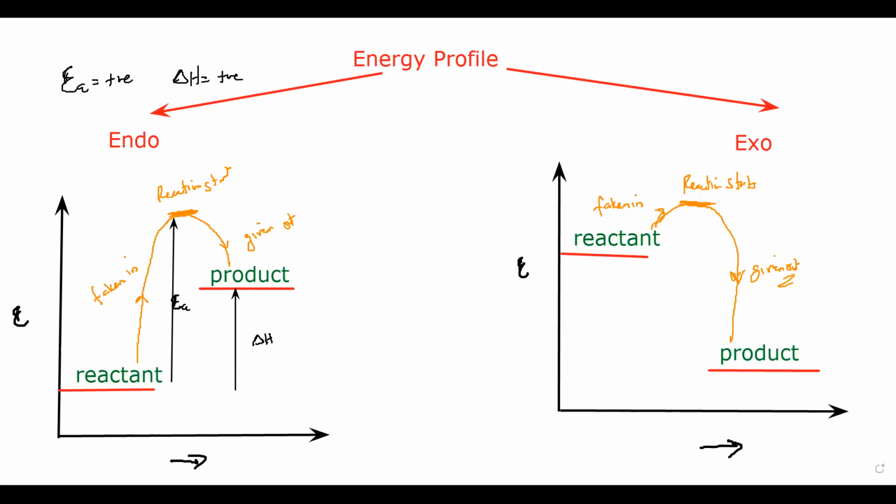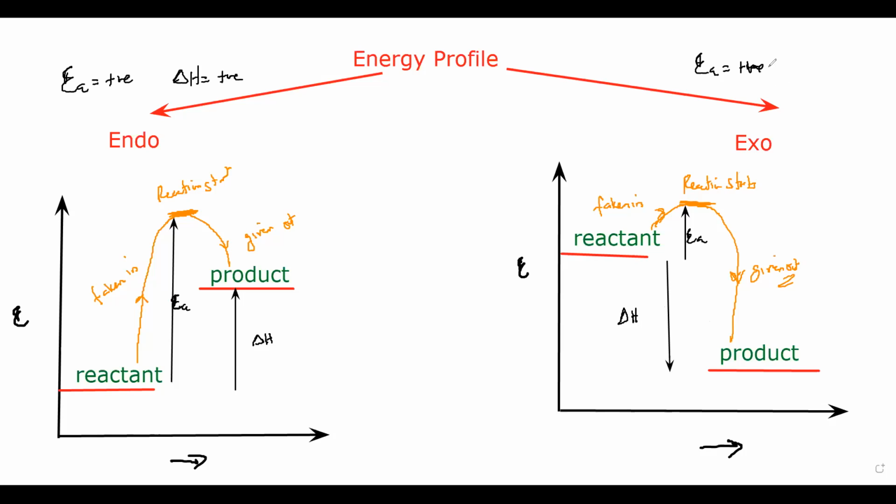But what about exothermic reactions? From the reactant to the start of the reaction, we call that activation energy, denoted by EA, and the energy from the reactant to the product is known as energy change, or delta H. So here EA will be positive.